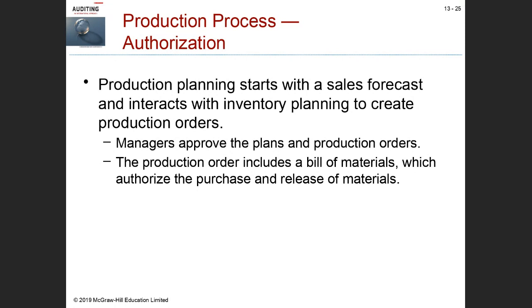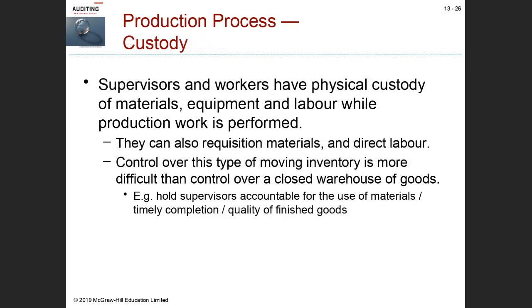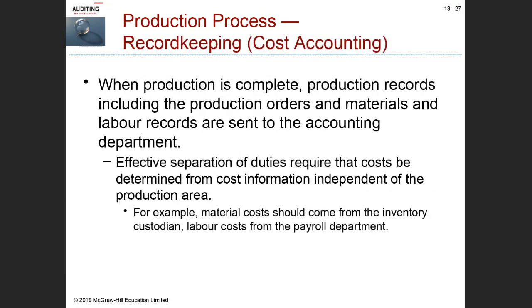Then when the production people need goods, a bill of materials will be prepared, which means that to produce 100 units, you need maybe 10 pounds of this raw material, 5 pounds of that raw material, whatever those components are that go into the actual product. Those items are requisitioned from the storage area of the plant. So that comes back into custody over the actual goods themselves.